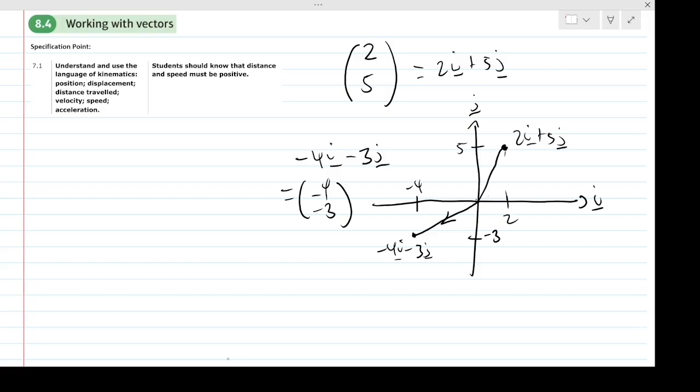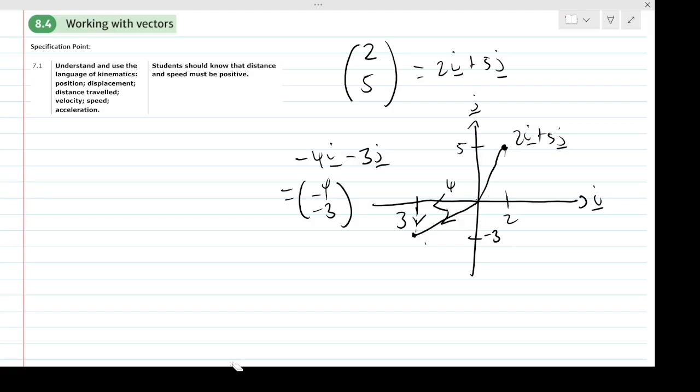The other thing we need to look at is the length of a vector. So let's take this vector again. What we've got essentially is we go 4 across, then 3 down. So we've got this triangle here.